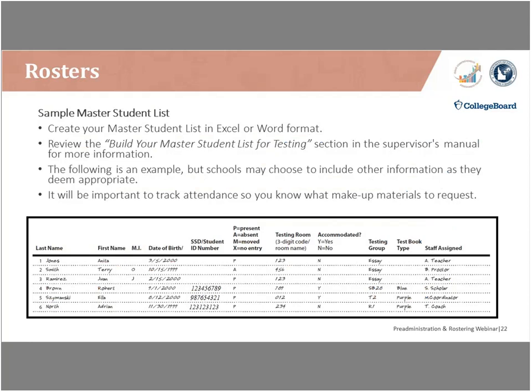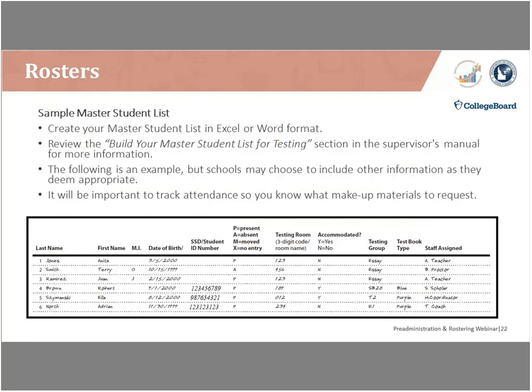We suggest that you just basically create that in an Excel or a Word format so that you have easy access to it. We suggest that you put in the fields that you see on this particular list, including an area where you can mark the attendance type, whether they were present, whether they were absent, if it's a student who just recently has moved, or if there was no entry for that student.